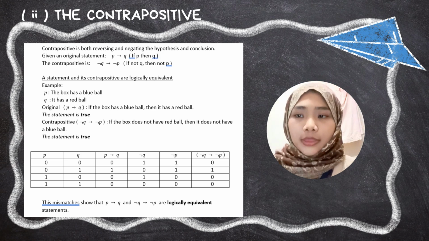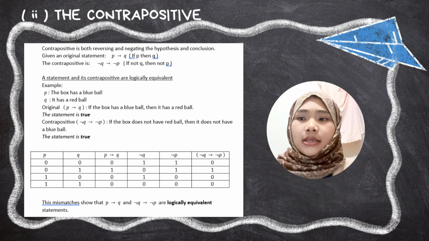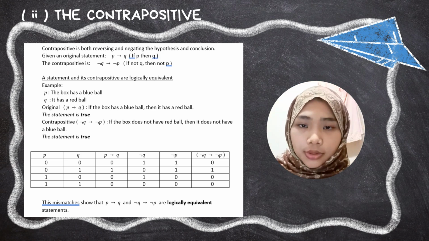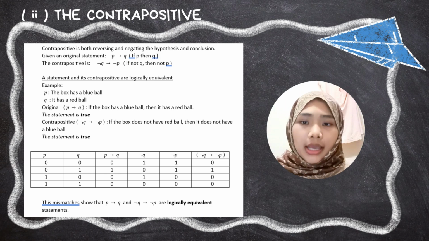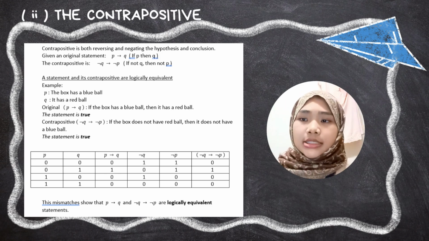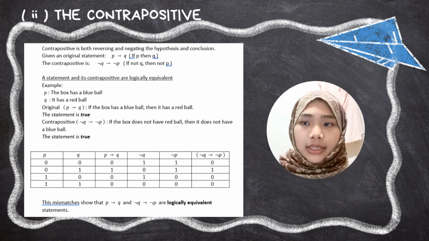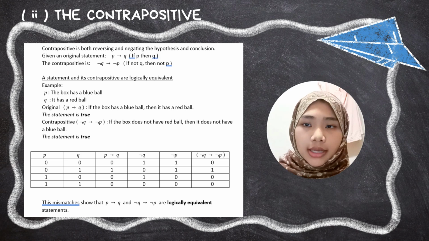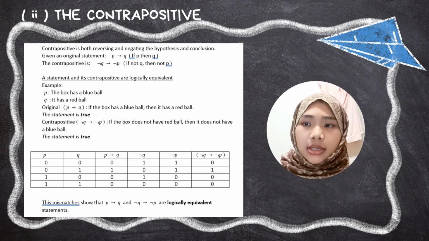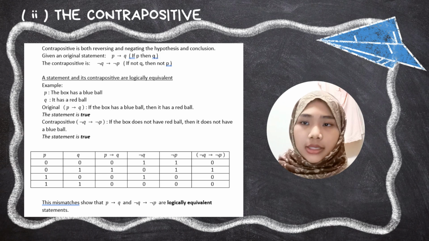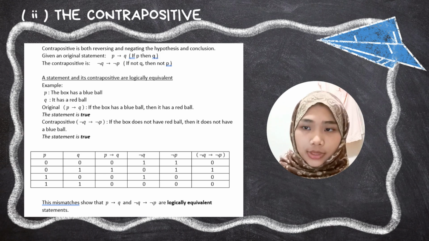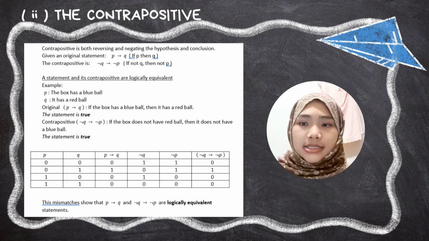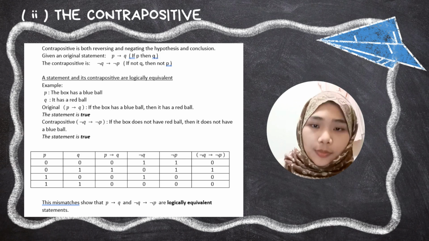First of all, given P, the box has a blue ball, and Q, it has a red ball. Original statement is if P then Q, which will be if the box has a blue ball, then it has a red ball. This statement is true, and the contrapositive will be if not Q, then not P. If the box does not have red ball, then it does not have a blue ball.